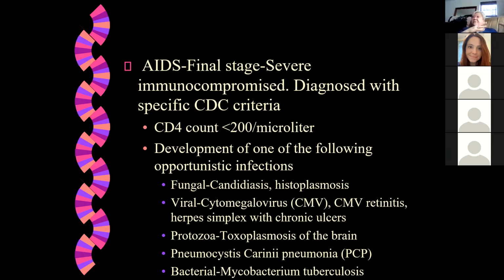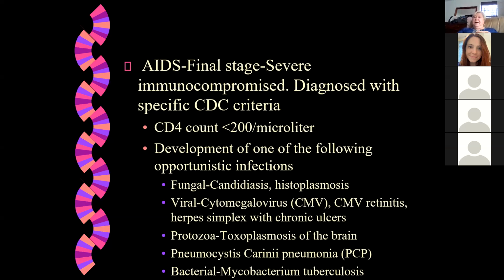If you're not HIV positive and you have one of these, you don't have AIDS. You have to be HIV positive and have one of the following. So one of them is that your CD4 count is less than 200. That means you have AIDS if you're HIV positive and your CD4 count's less than 200.